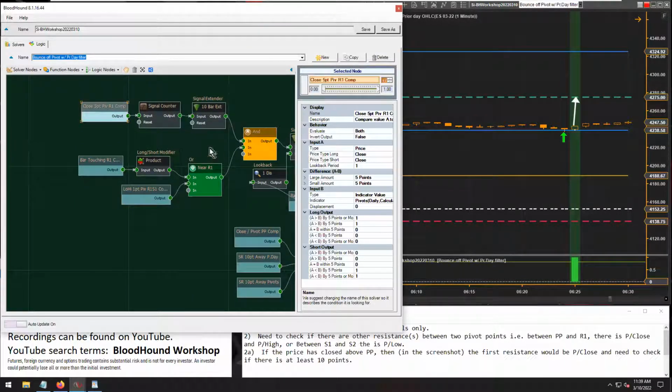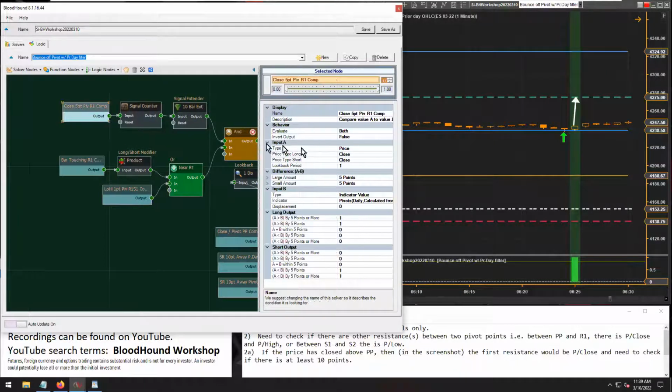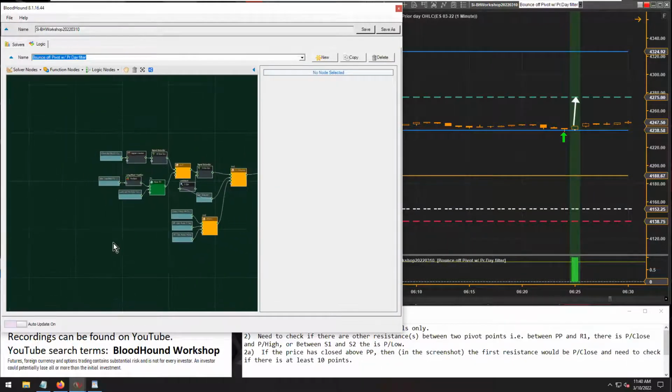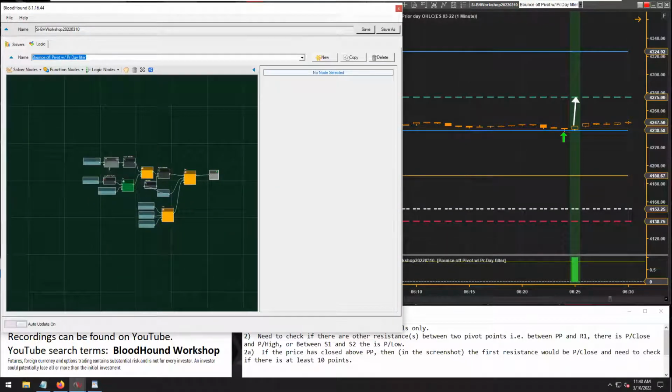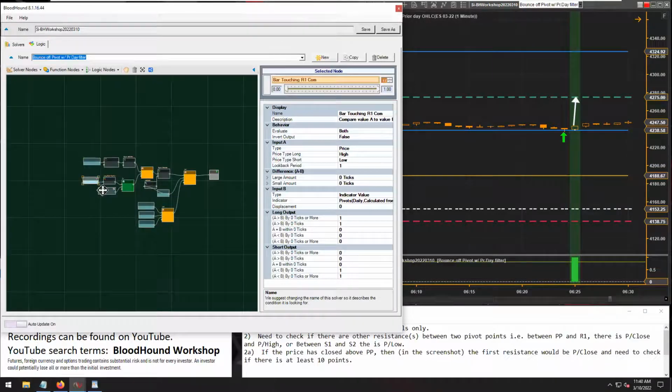So we're going to need a couple more comparison solvers that, instead of looking at R1, are looking at the PP line and the S1 line and basically all of the other pivot lines that you might want to look at. So if you want to identify bounces off of R2, you're going to have to duplicate this logic and create solvers that are looking at R2 and R3.